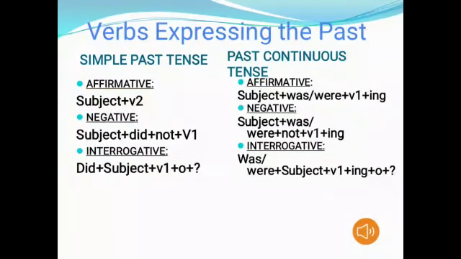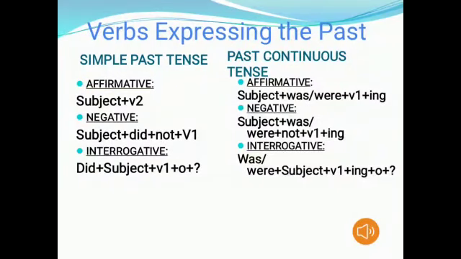Now see the past continuous tense. In the affirmative sentences we use subject plus was or were plus first form of the verb plus ing. The use of was, were: was is used with the singular and were is used with the plural nouns.